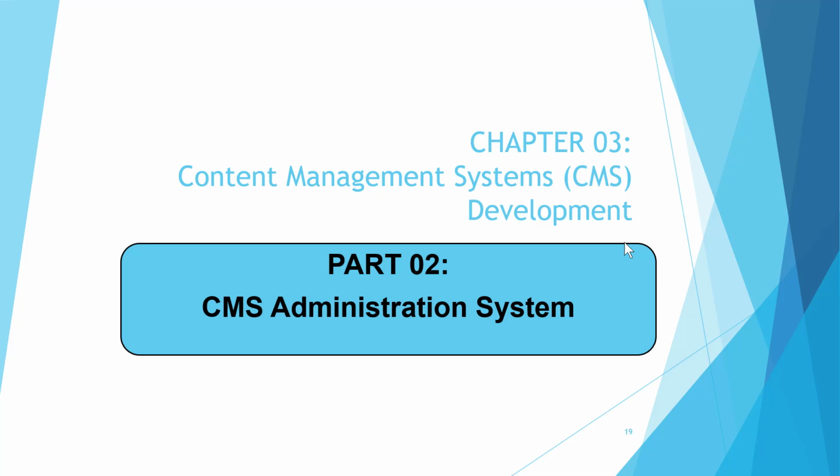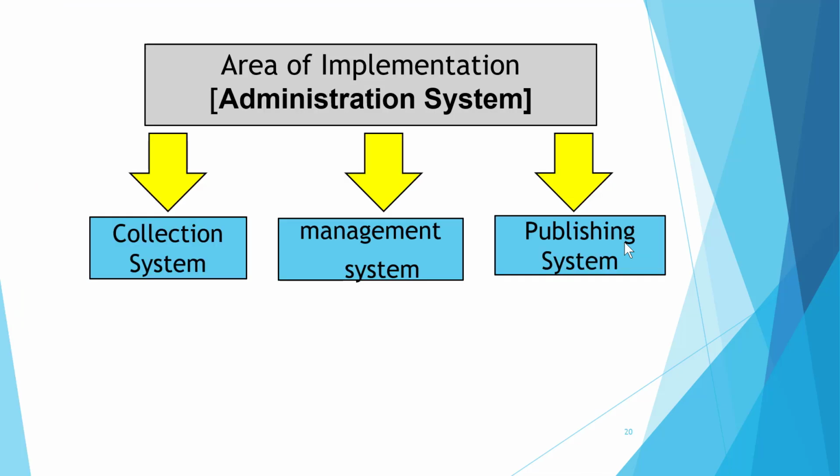So we move to part two, the CMS administration system. When we go to maintenance, inside the maintenance itself, we have a team administrating the website. The administration system consists of three things: the collection system, the management system, and the publishing system.